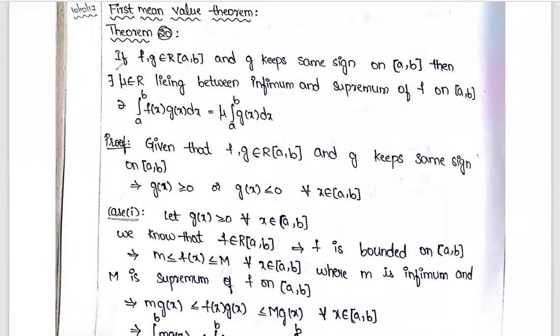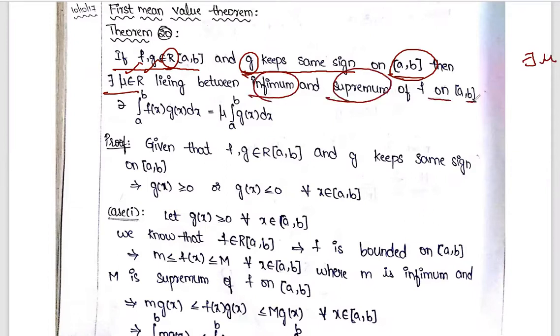The statement says, if f, g belong to R over [a, b] and g keeps the same sign on [a, b], that is, f and g are Riemann integrable and g keeps the same sign on the closed interval [a, b], then there exists some mu which lies between the infimum and supremum of f on [a, b], such that integral a to b of f of x times g of x dx is equal to mu times integral a to b of g of x dx.